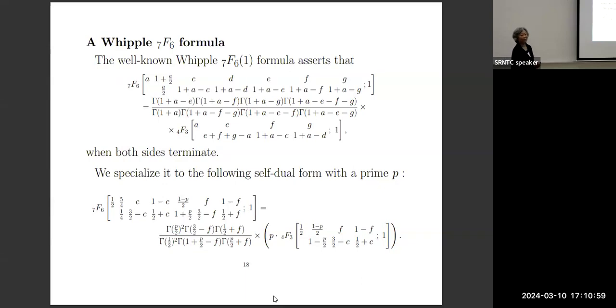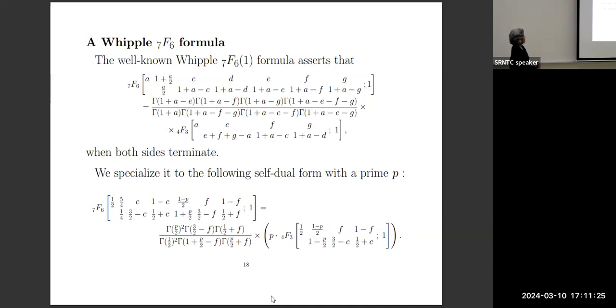Then I come to the second piece that I'll talk about, a Whipple 7F6 formula. This was originally proved by Whipple, and it relates a 7F6 hypergeometric function value at lambda equal to 1 with a shorter one, 4F3, also with value at lambda equal to 1.